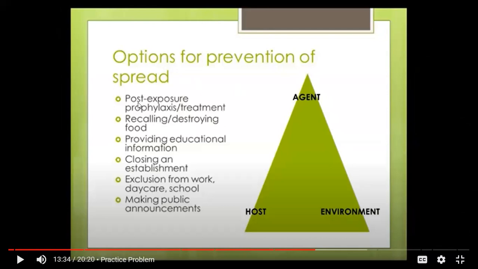For example, post-exposure prophylaxis might be washing your hands, which is a well-practiced measure, because washing hands properly is one of the most important and effective ways of stopping the spread of infection and illness.